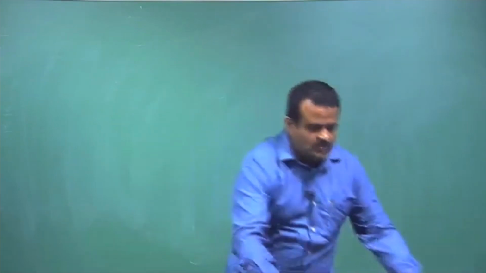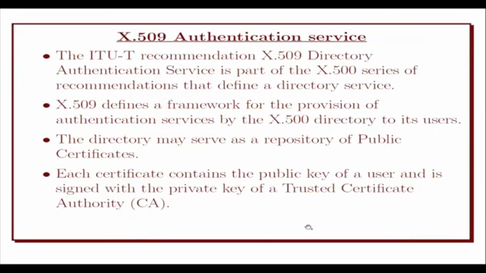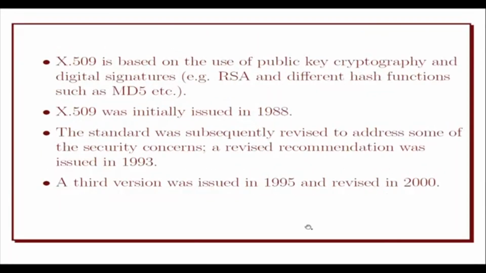So, we will go to that. This is a certificate standard, which basically used RSA and MD5. It was initially issued in 1988, and then it has some variations: the next variation in 1993, and then a revised variation again after 1997.